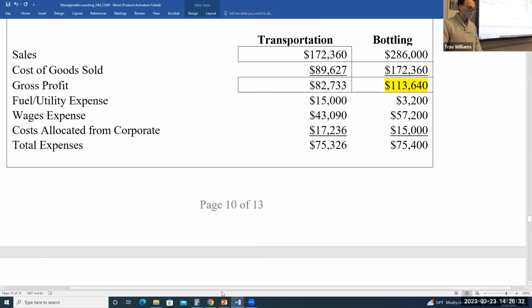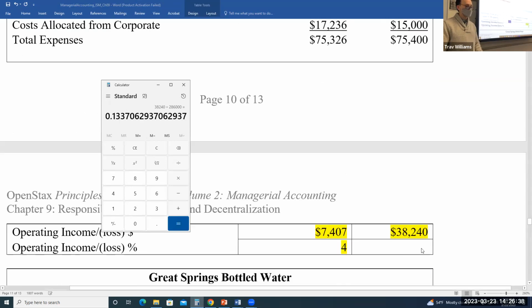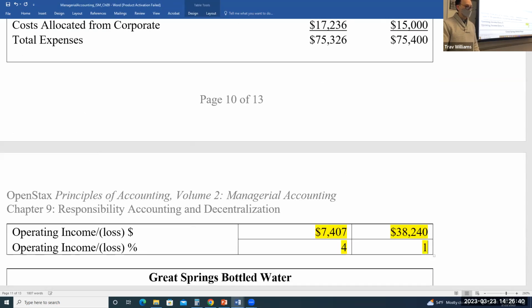Divide that by sales. And that's 13%. Okay, so in this first scenario, transportation has a 4% operating income and bottling has 13%, right?